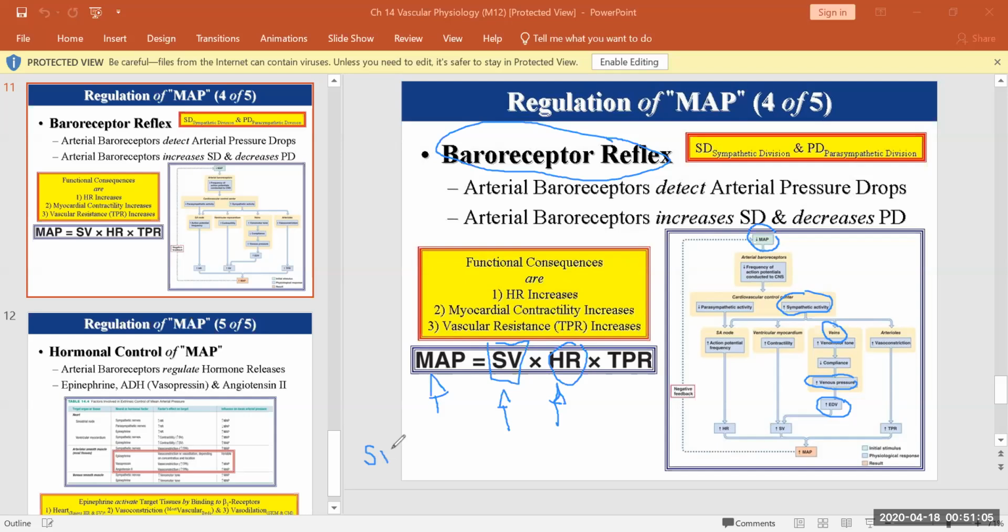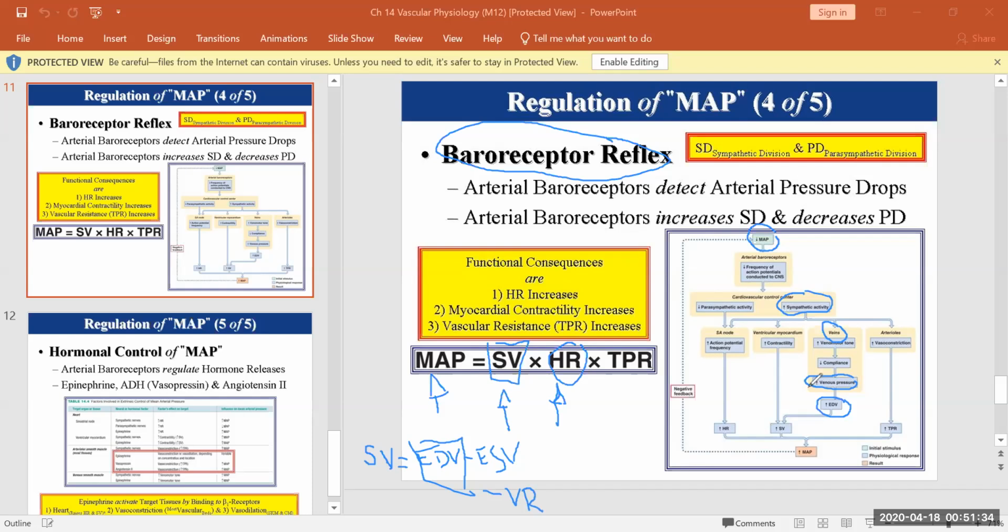Stroke volume equals EDV, this is from chapter 13, minus ESV, end systolic volume, right? So this here depends on venous return, VR, the amount of blood that goes back to the heart.